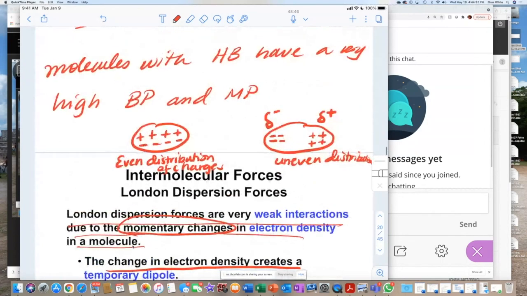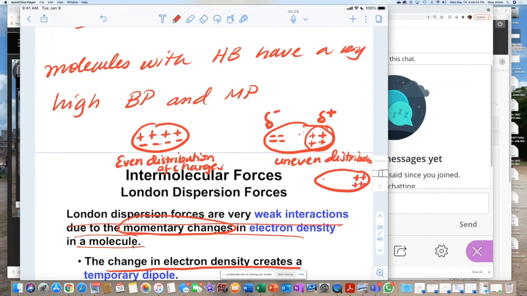This then causes, if this happens in one molecule, the molecule will induce the same behavior. It will influence the same behavior in the molecule closest to it. And the way it does that, the partially positive over here will push away any positive in this corner of the molecule to the other end.